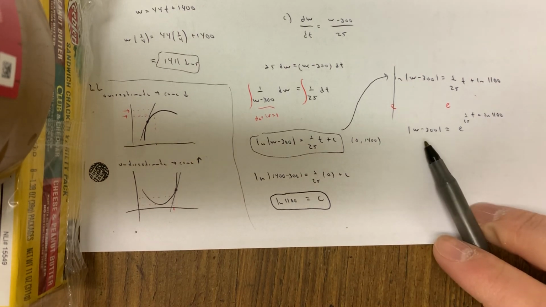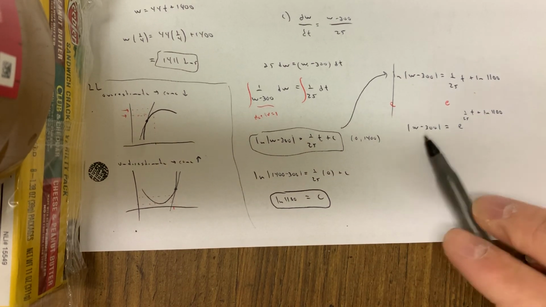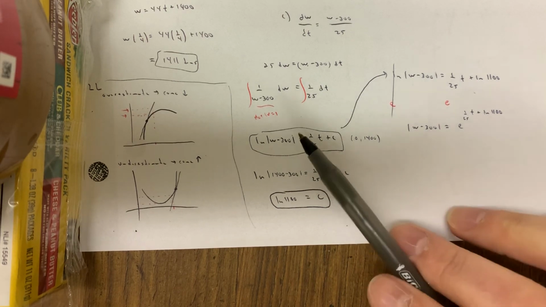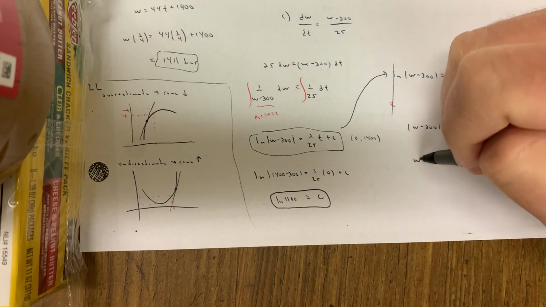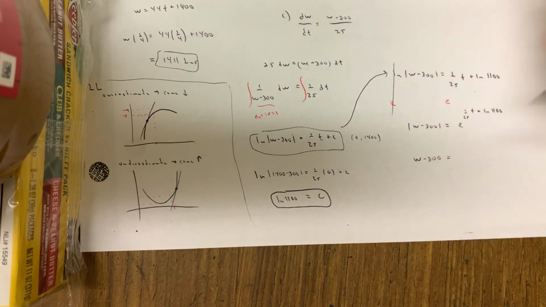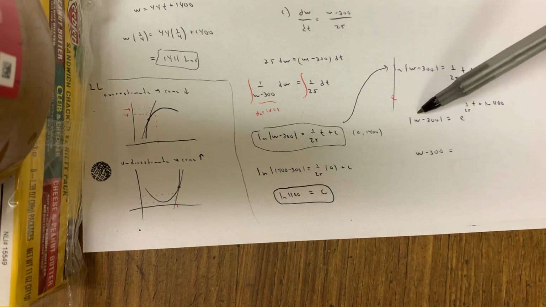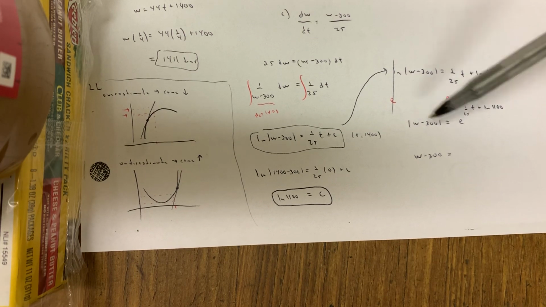Over here, I know the absolute value is going to be positive because I know W in this case is 1400, and 1400 minus 300, like we said before, was positive. So take the absolute value of a positive number, just drop the absolute value signs. If W was 200 when t is 0, you'd make this negative W plus 300.